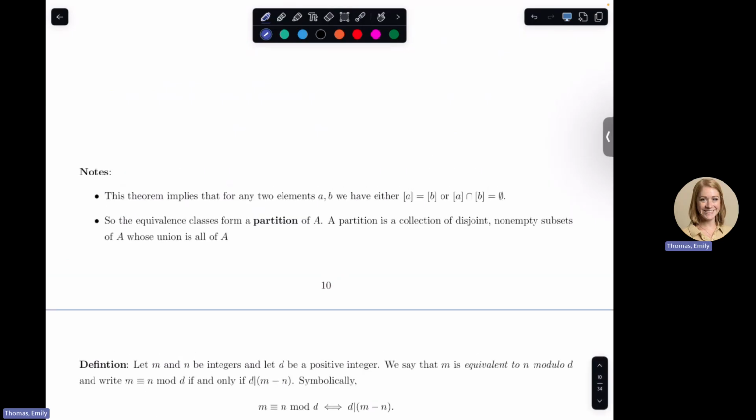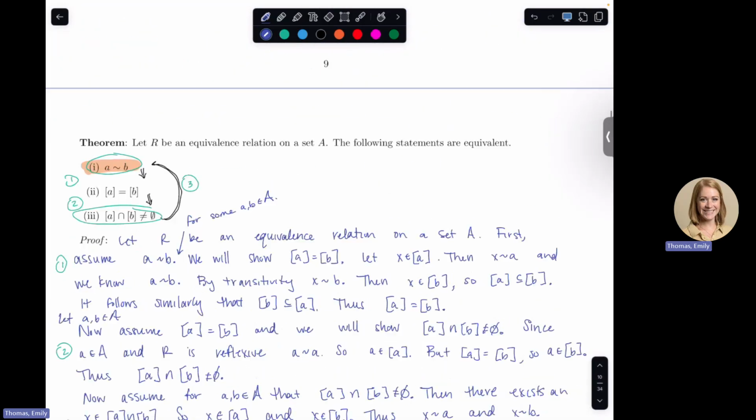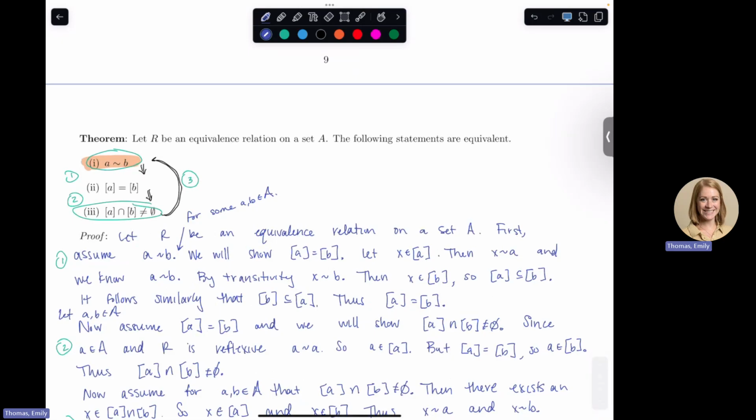Okay, so this theorem gives us, oh golly, we can't see it. We'll go back to this theorem. This theorem tells us that either the two equivalence classes are completely the same or completely different. So either they intersect everywhere or they intersect nowhere.